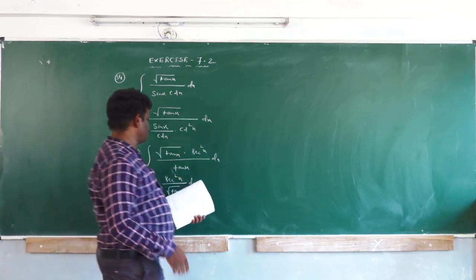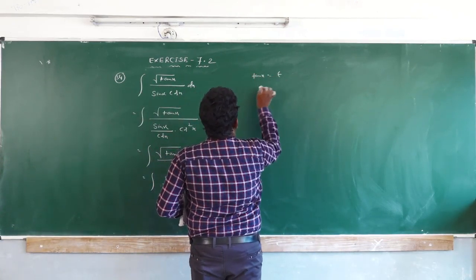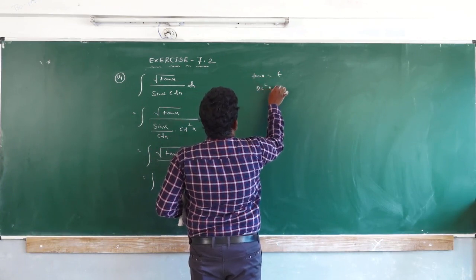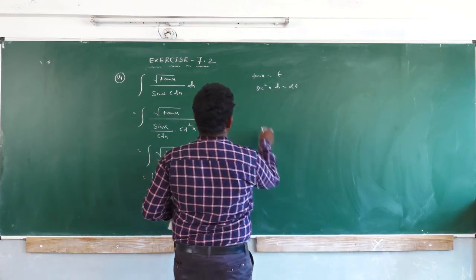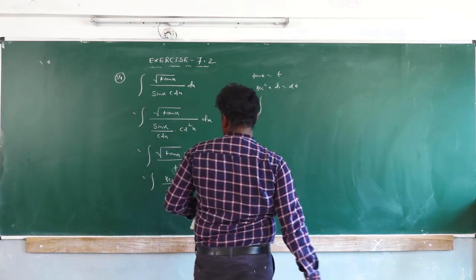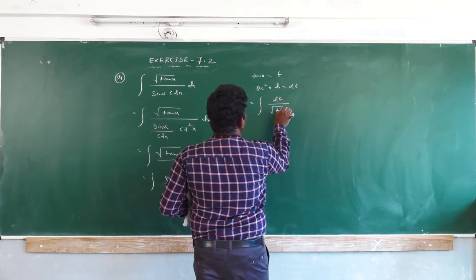Now take the substitution tan x is equal to t. So tan x is equal to t means secant square x dx is equal to dt. So that is equal to the integral of dt by root t.